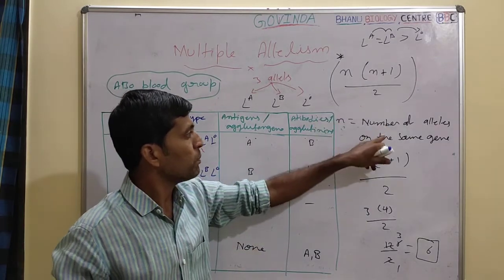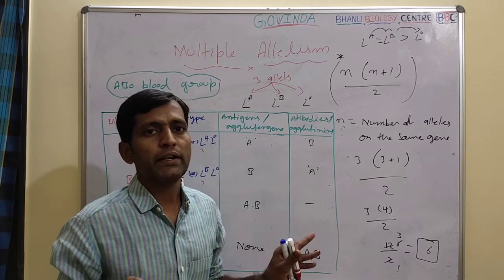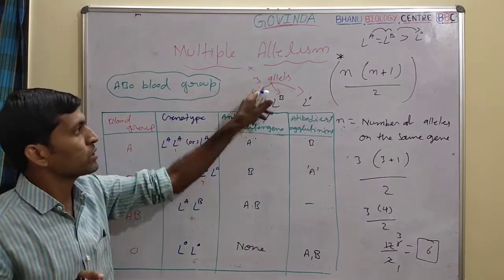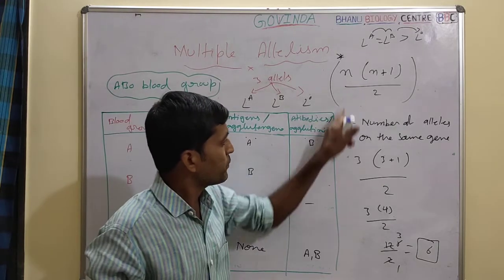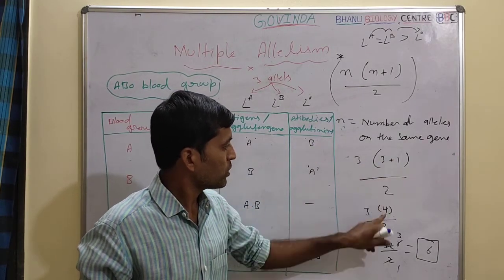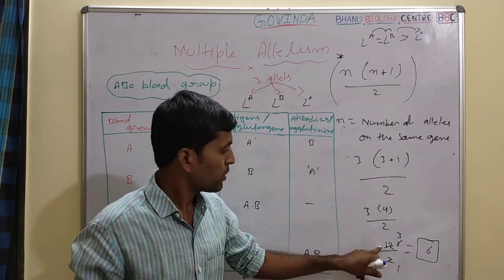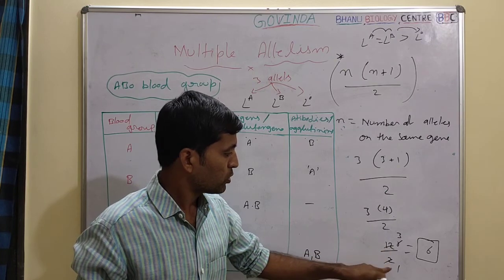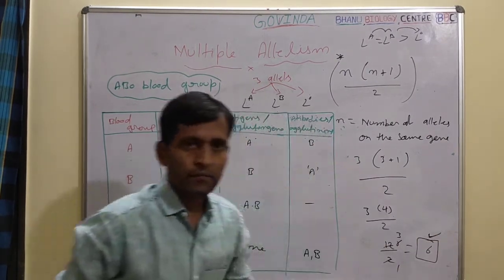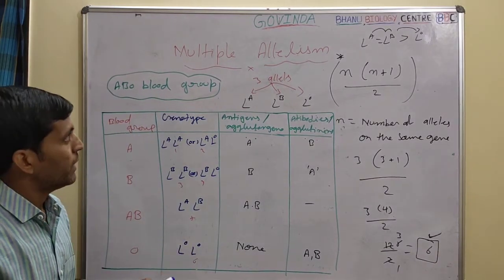Here n means the number of alleles present on the same gene, or the number of alternatives a gene has. In case of ABO blood group, 3 alleles are present, so in the place of n we took 3. Then 3 plus 1 becomes 4. Multiply 3 with 4, the number will be 12, divided by 2 is 6. Totally, 6 different possible genotypes of ABO blood group are there.